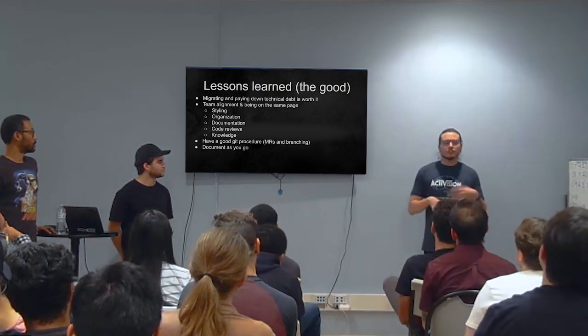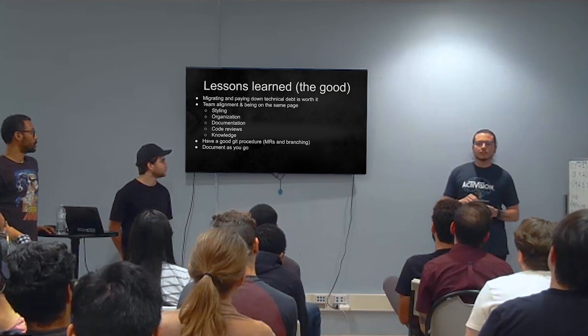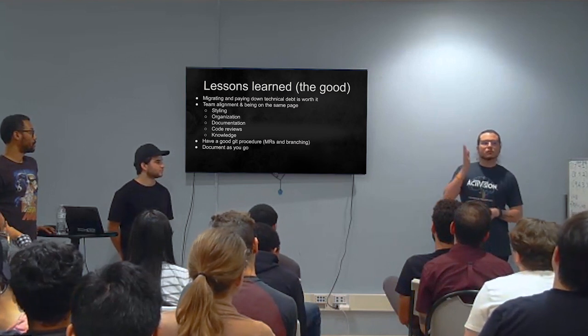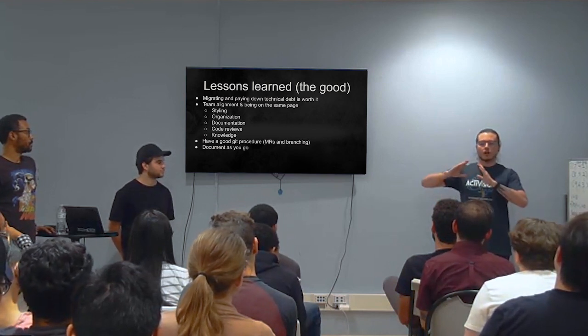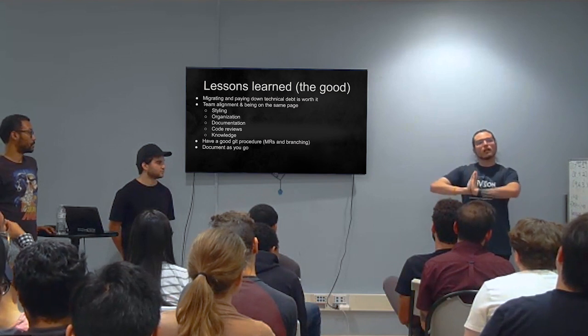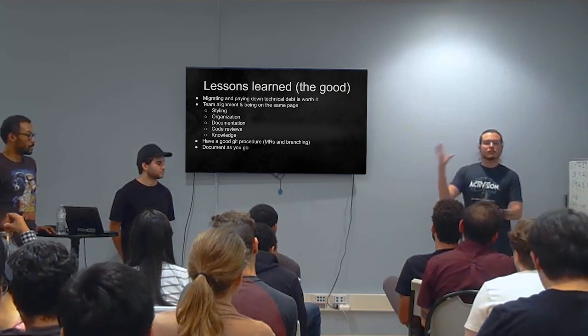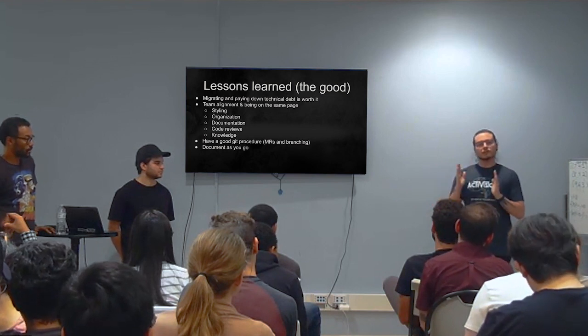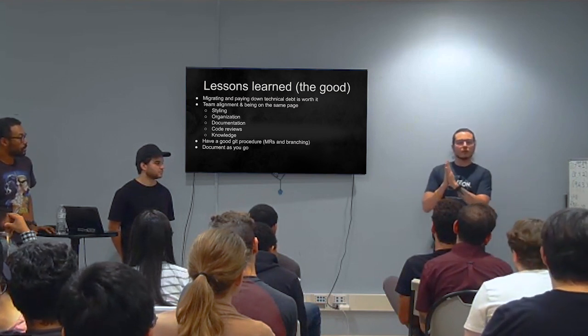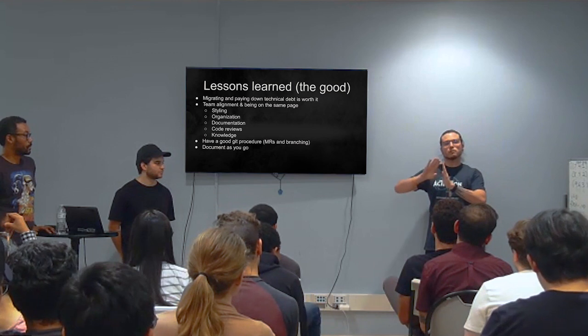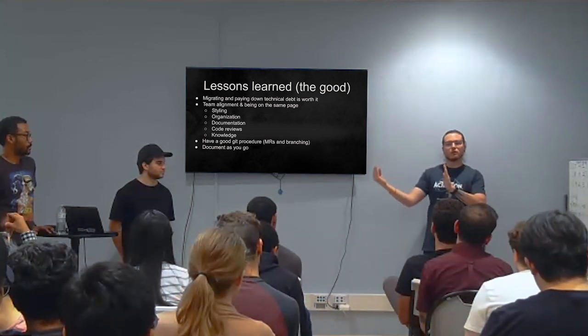Another point is having a good Git procedure. So I kind of touched on this a little bit already. We have a master branch, which is where our final code lives. When it goes live into the world, on the App Store, we can merge it into master. Then we have a develop branch, where everything in development can go once it's been approved after being merged in from another branch.